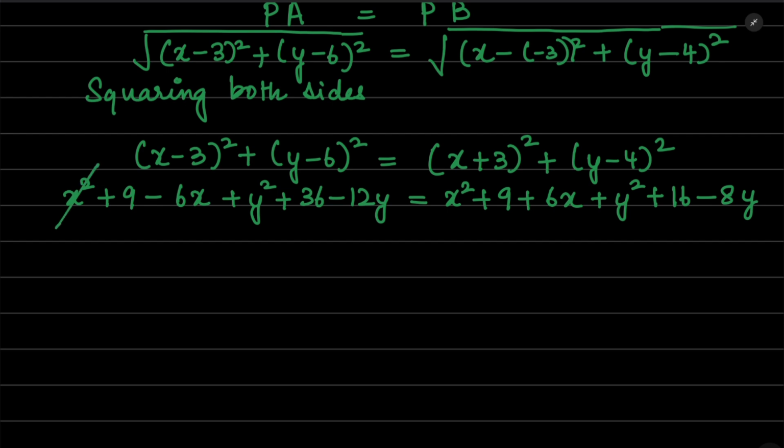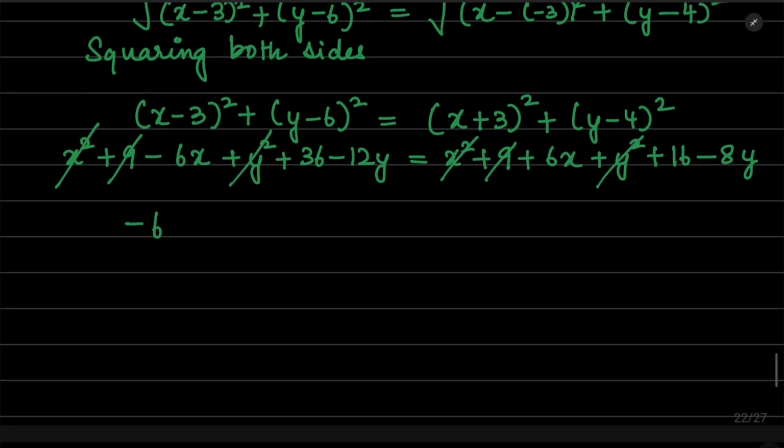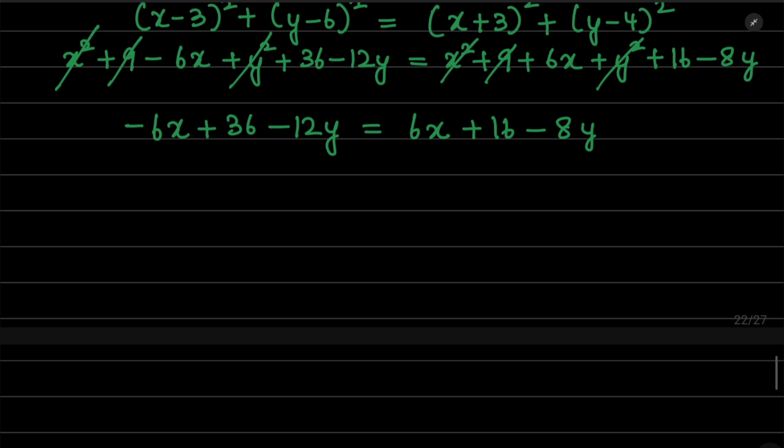So cancel whatever is common. Plus 9 gets cancelled. Y square gets cancelled. Right? So what is left? Minus 6x plus 36 minus 12y equal to 6x plus 16 minus 8y. Bring everything to one side.